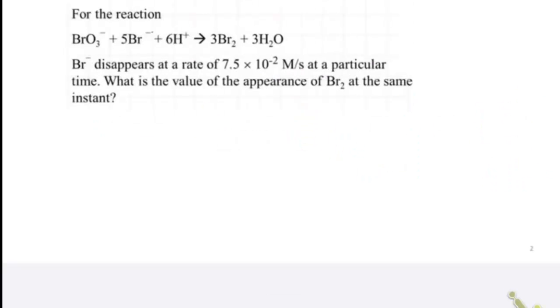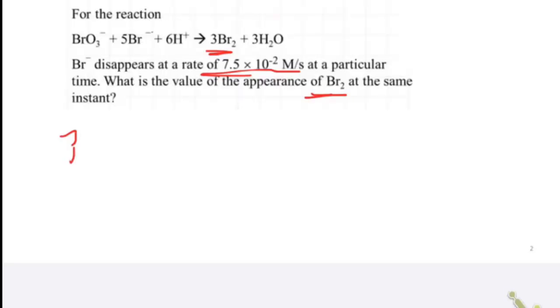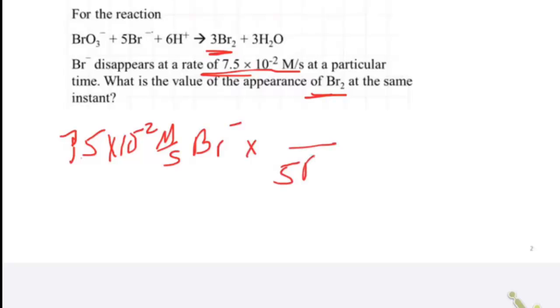Alright, so in this case, same reaction, bromine ion disappears at a rate, let's say, of 7.5 times 10 to the minus 2. And we want to know the rate of appearance of the bromine molecule at the same time. Okay, so here I have 7.5 times 10 to the minus 2 molar per second of bromine ion, and what I know is there are 5 bromine ions for 3 bromine molecules.